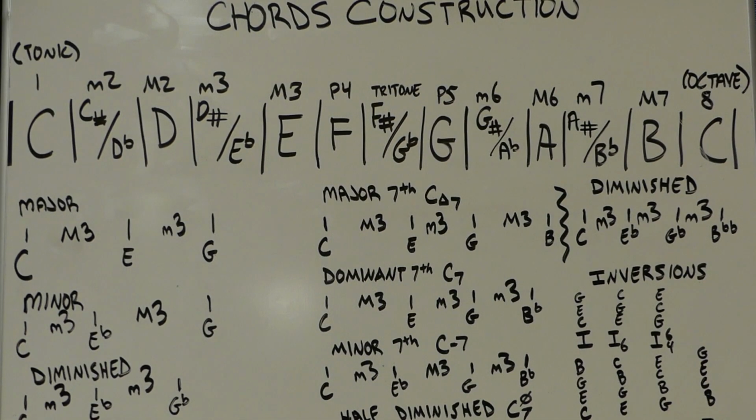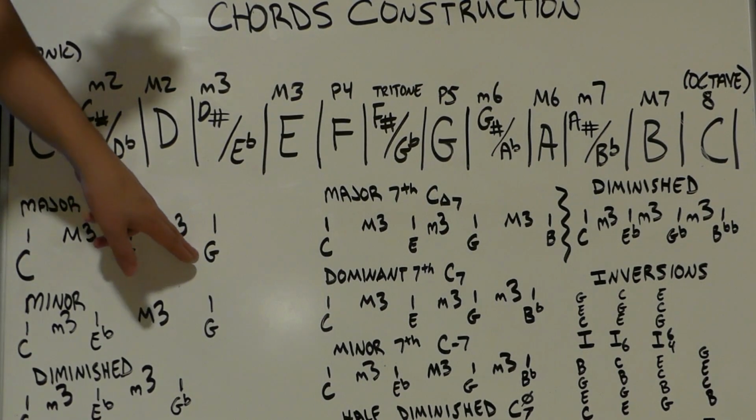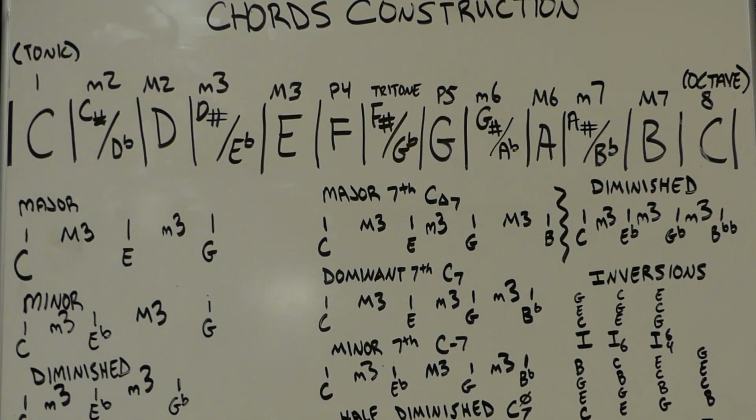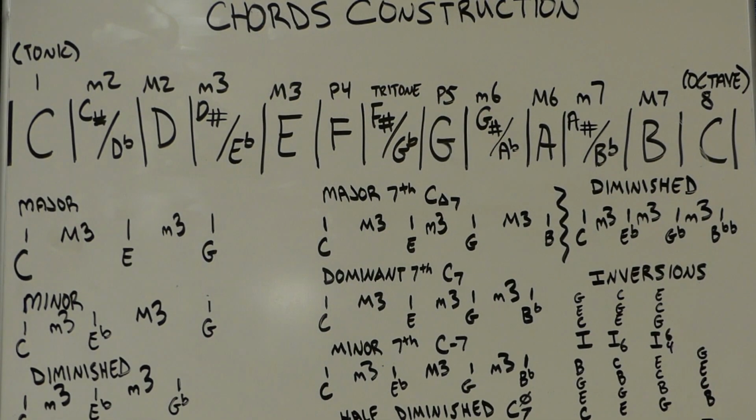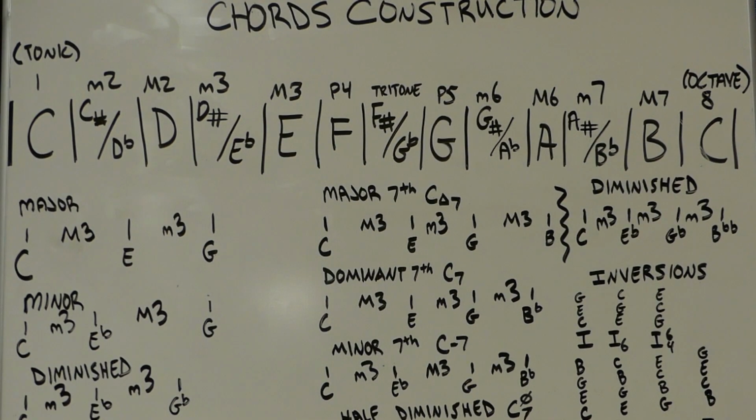And to get a diminished chord from that minor chord, we just flat this G, so that'll sound like this. And then lastly, our augmented chord is just like our major chord, except we raise this fifth to a G sharp, so that'll sound like this. Okay? So major, minor, diminished, augmented.